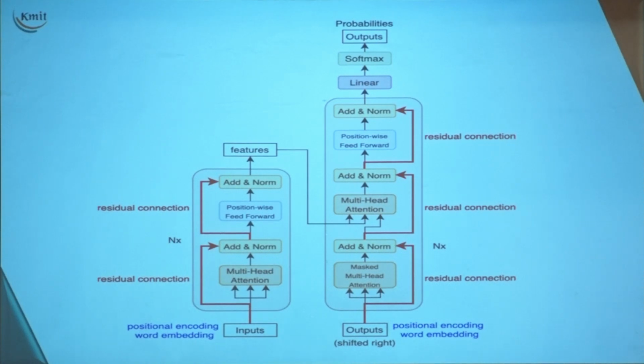Again given to masked multi-head attention, given to what? Add and norm. Again given to what? MHA, where Q will be taken from the decoder, KV from the encoder, again add and norm, again feed forward network, again add and norm. So the output of the decoder would be translated vectors.